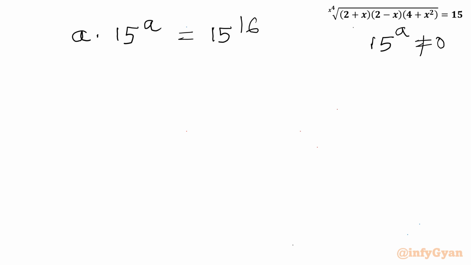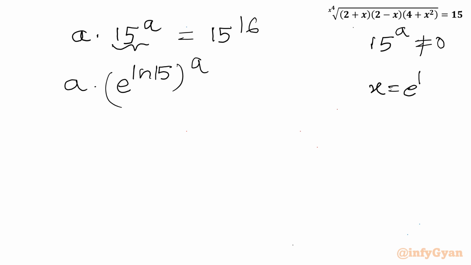Now I will use the Lambert W function. So how will I proceed? I will consider this 15 as e raised to the power ln 15, as we know that x can be written as e raised to the power ln x. Right hand side will be 15 to the power 16.